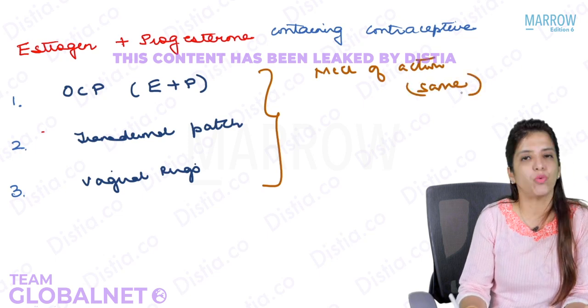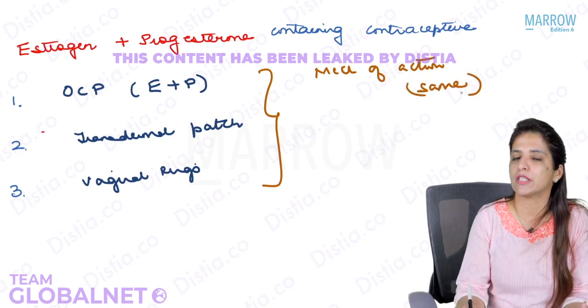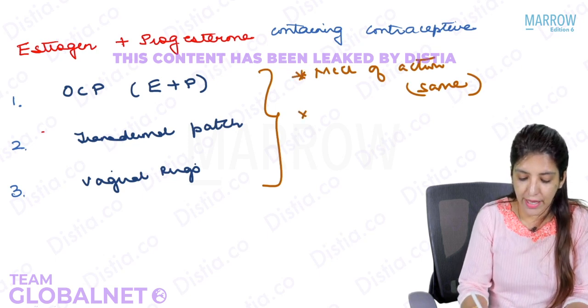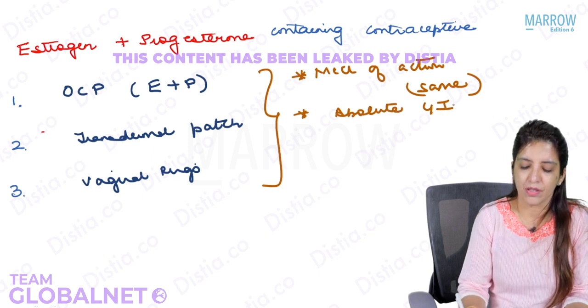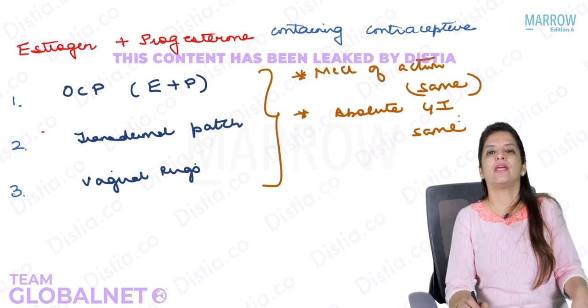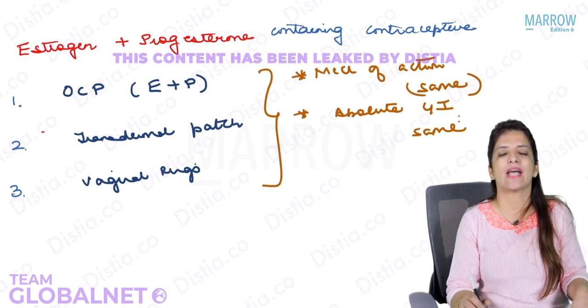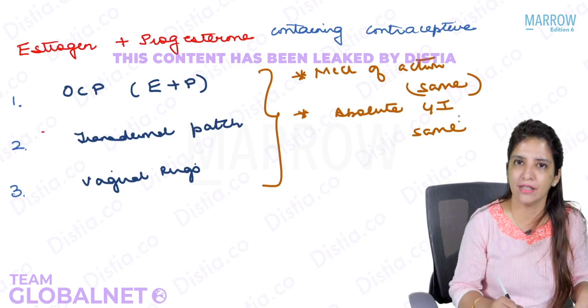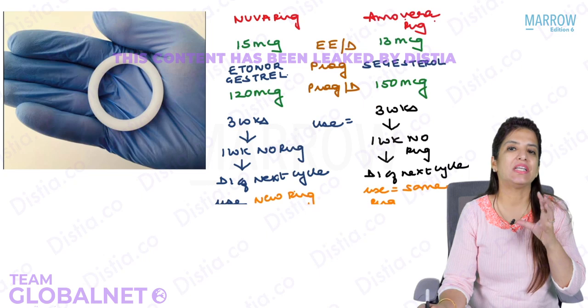So if they ask you what is the mechanism of action, the main mechanism of action is they bring about anovulation. Then their absolute contraindications are same. Right? So I'm not going to repeat to you the absolute contraindications and the mechanism of a transdermal patch and of a vaginal ring. Let's talk about these rings.